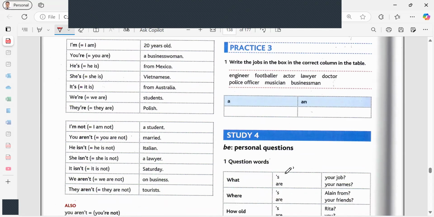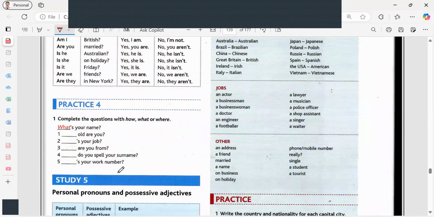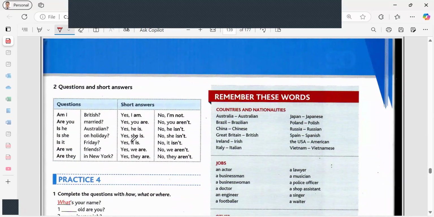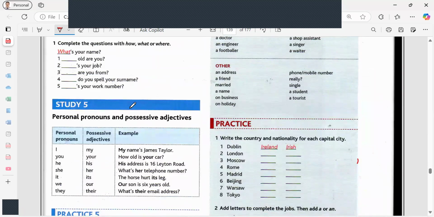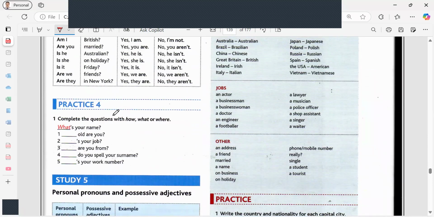Study four, practice four, and so on. So at each part you have questions. If you don't understand the question, you can refer back, read the details and complete the answer. If you're still confused, if you are not familiar with the question, please ask me.